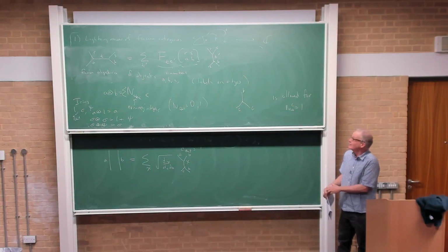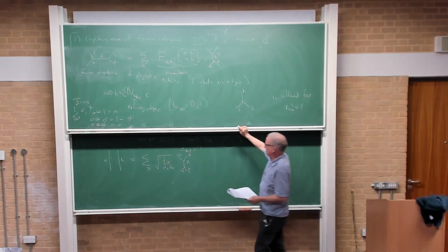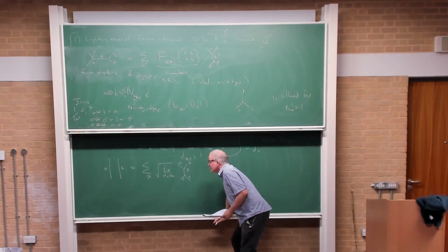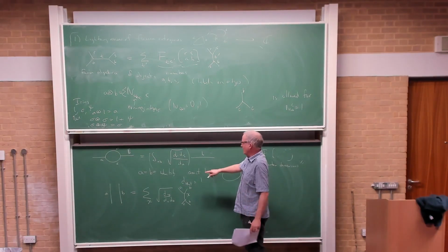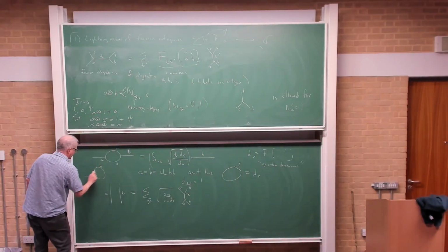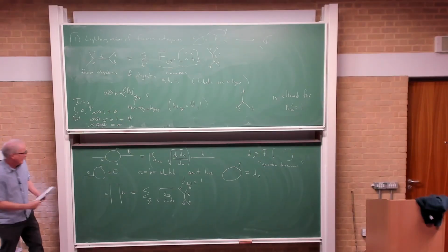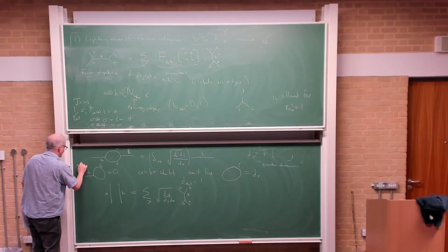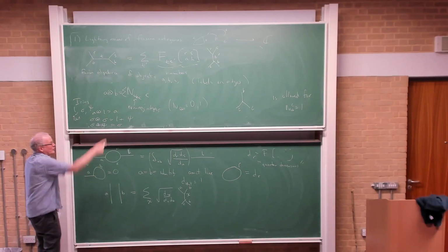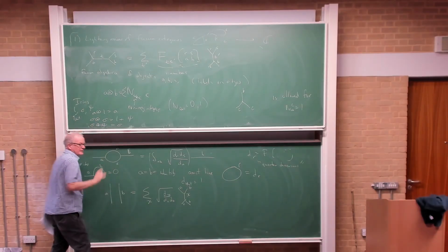One of the reasons it's useful when you're manipulating these things is that from this one, if I ever have anything like this, it equals 0 for A not equal to the identity. So that's the kind of thing it's useful for.